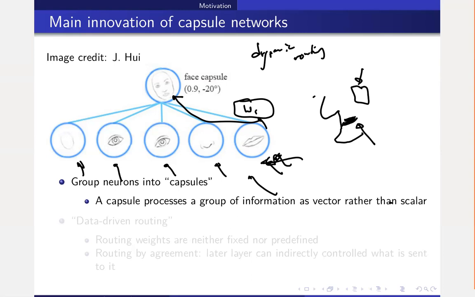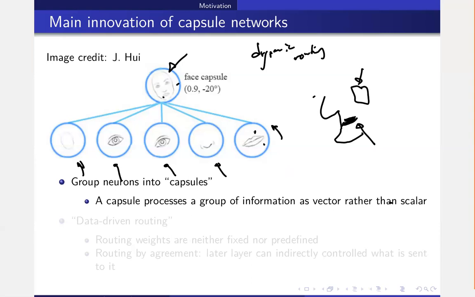But on the other hand, for the capsule network, the capsule is actually a vector representation for the output. So what we can do is take the output of each capsule here, and based on the vector, we can try to match whether a capsule in the next layer matches well with the earlier layer capsule.